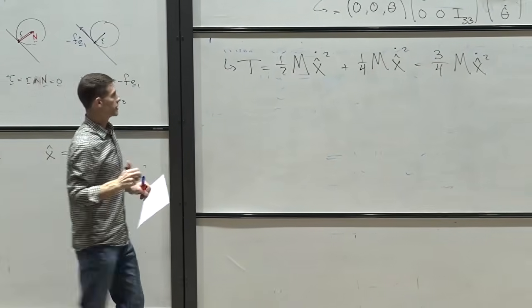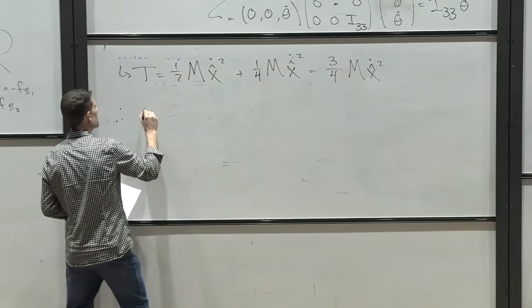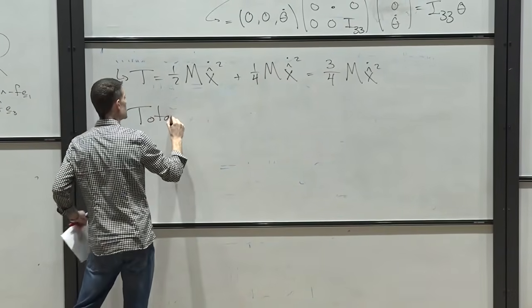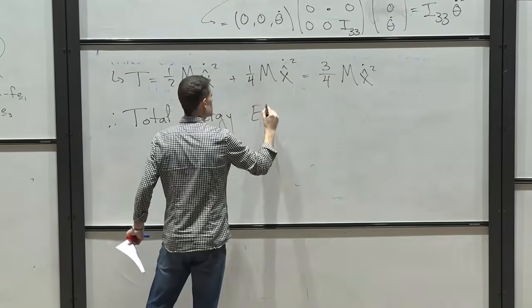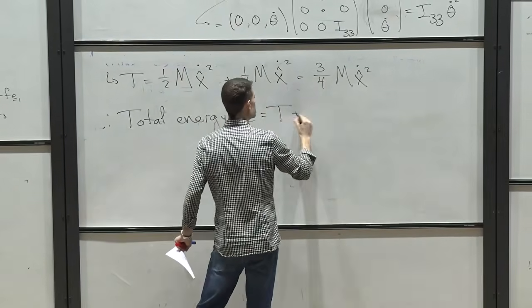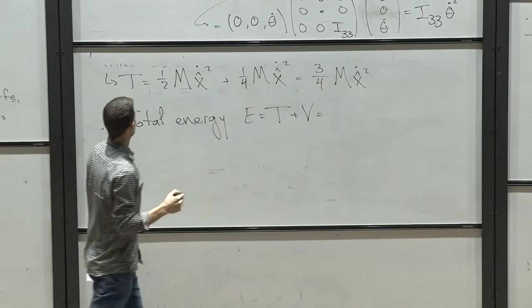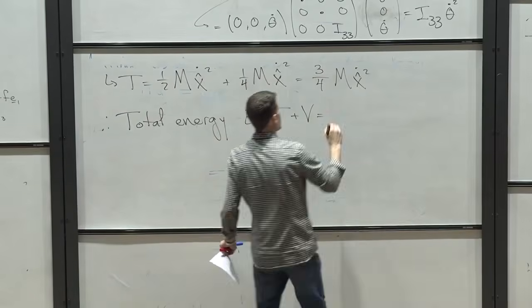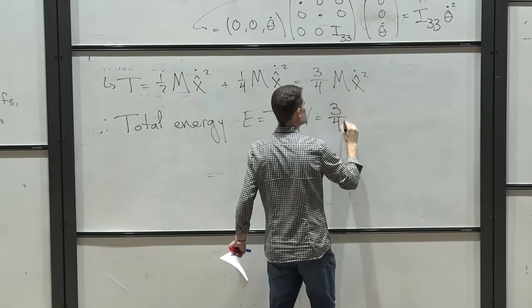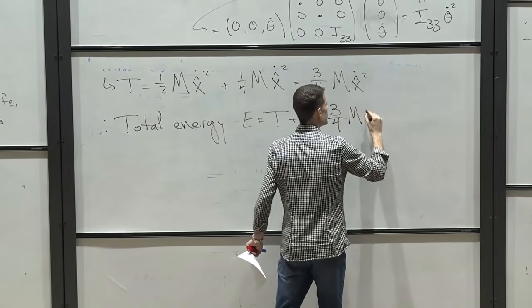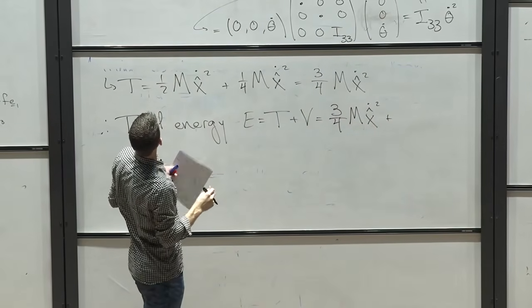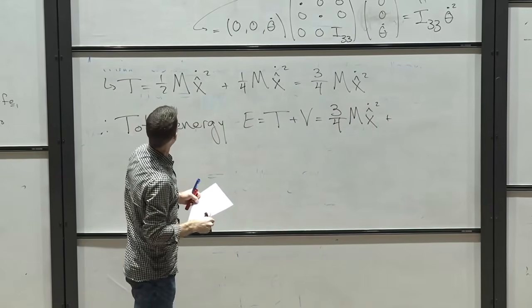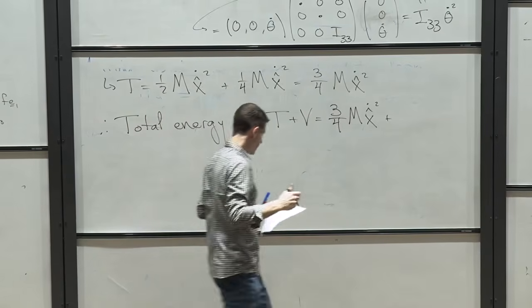So my total energy, TE equals T plus V, is 3/4 m x hat dot squared plus potential energy, which was mg zg.